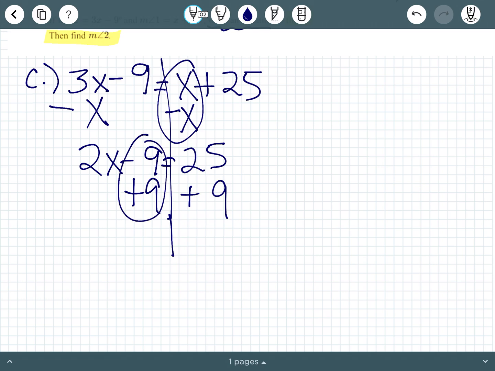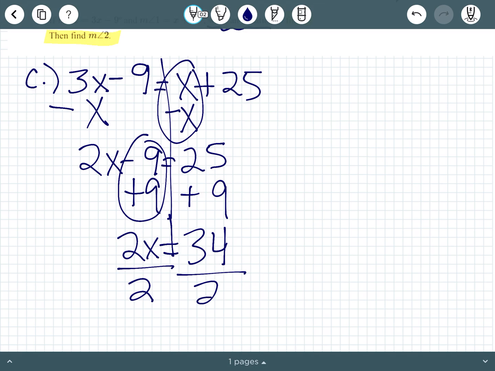I've got a 0 pair here, so I'm left with 2x equals 25 plus 9 would give me 34. So I'll divide by 2 on each side to figure out what x equals, and 34 divided by 2 would give me 17.